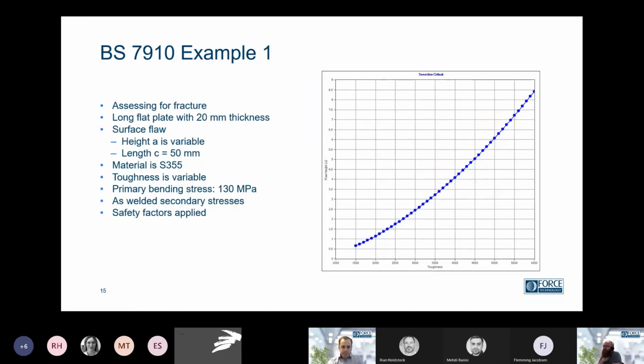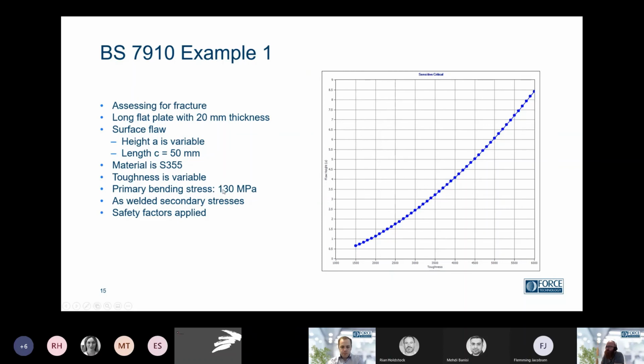The first example is not on the fatigue crack growth, but more on the critical flaw size. I've taken a long flat plate with a thickness of 20 millimeters and a surface flaw with a height a, which is variable, and a length c equal to 50 millimeters. Material is S355, and the toughness is variable.